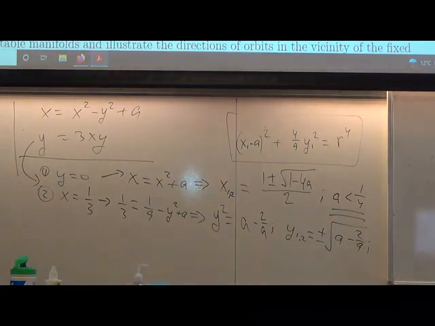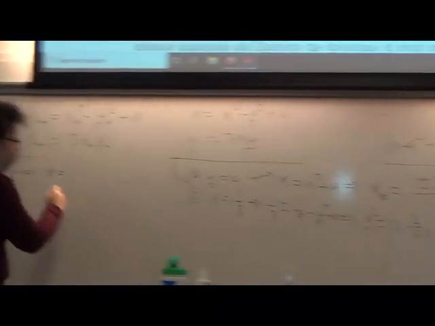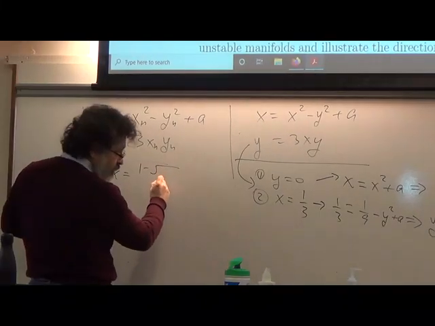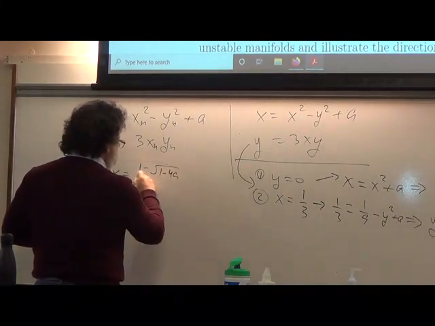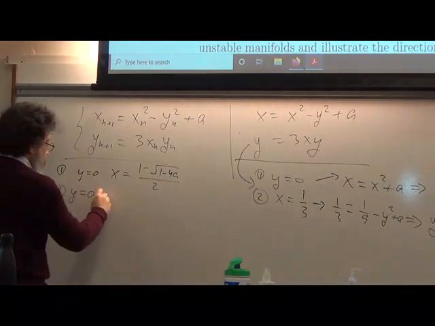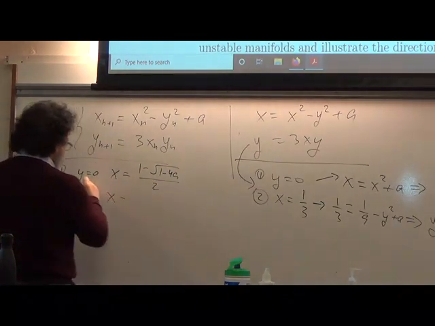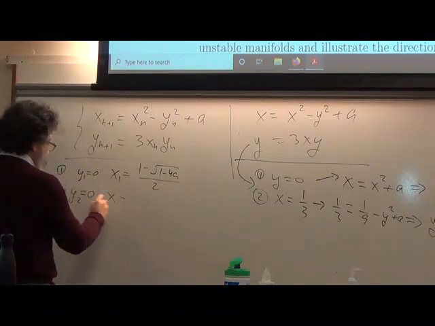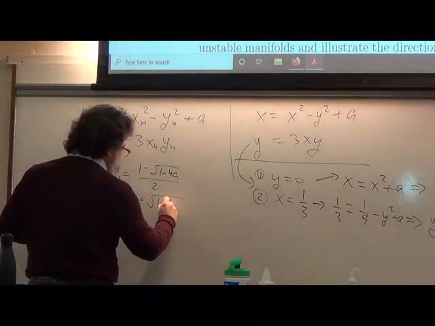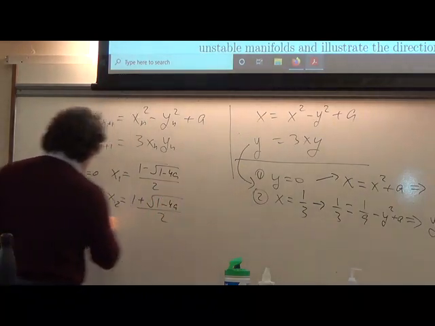So what we found at the end is four fixed points. First one, y equals 0, x equals 1 minus square root of 1 minus 4a, over 2. Second one, y equals 0, and x equals 1 plus square root of 1 minus 4a, over 2.